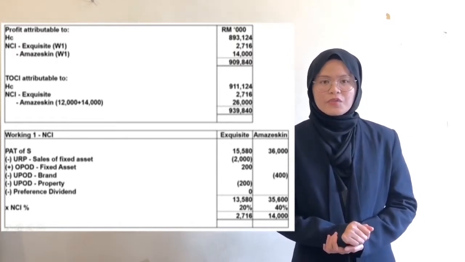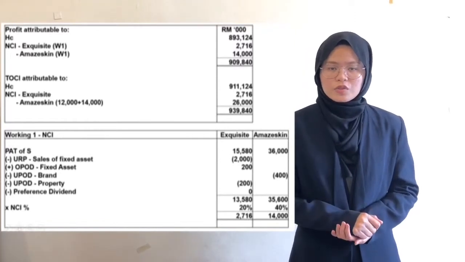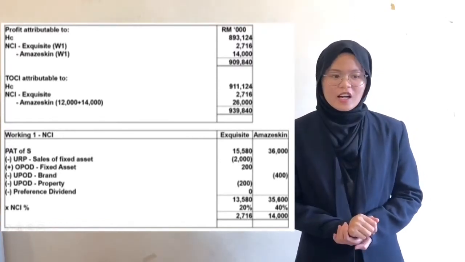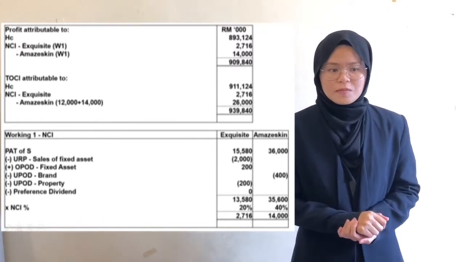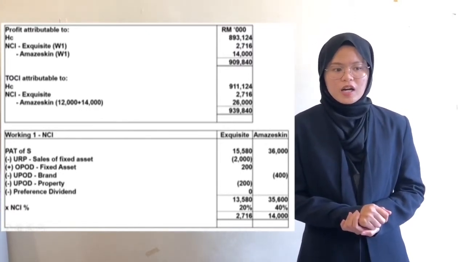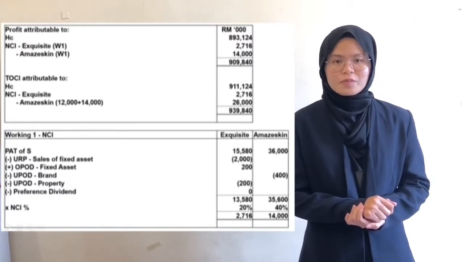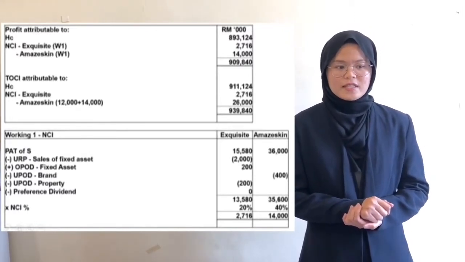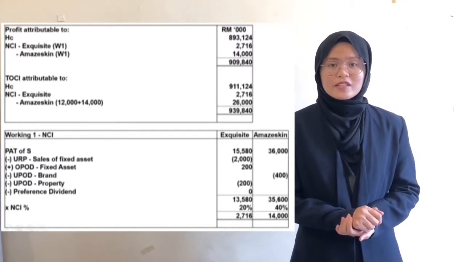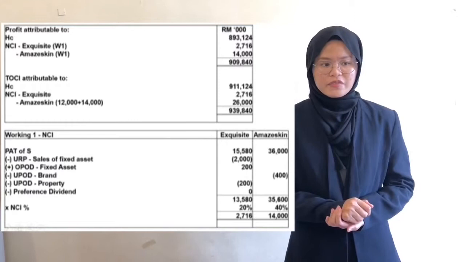Next, we need to attribute the profit according to HC and NCI. So for NCI, we need to calculate according to working one: PAT of subsidiary minus URP, minus overvalue of depreciation, minus under-provided depreciation, and minus preferred dividend.